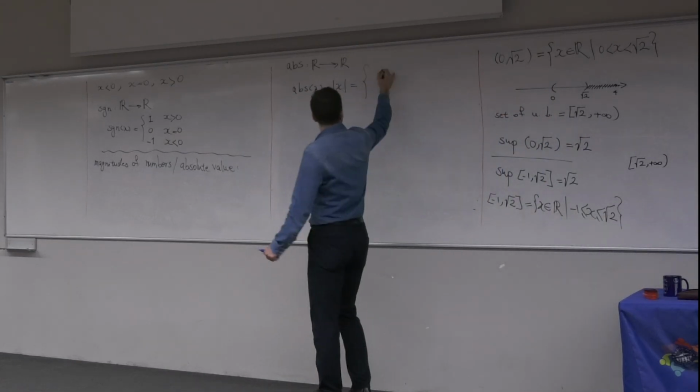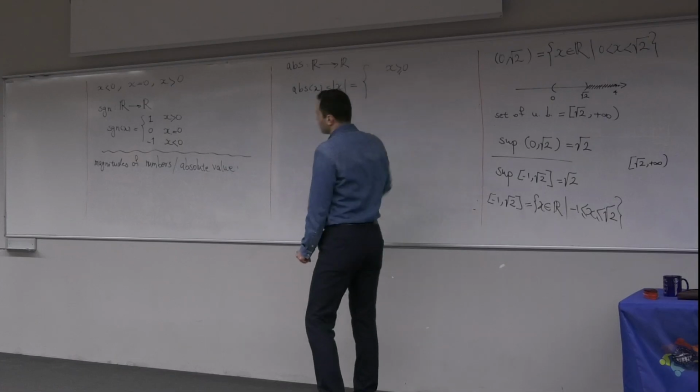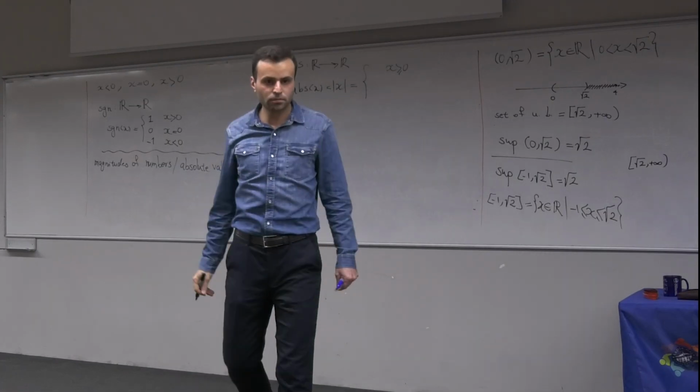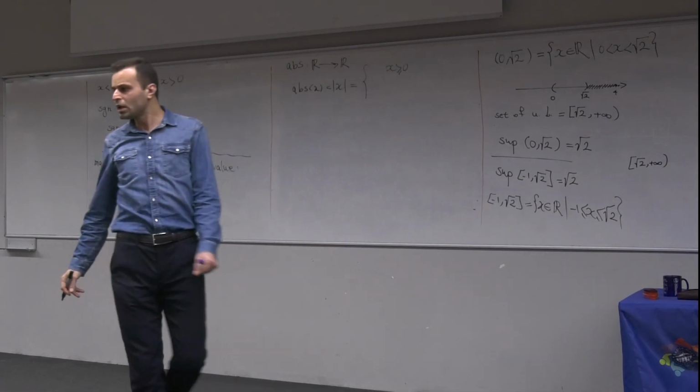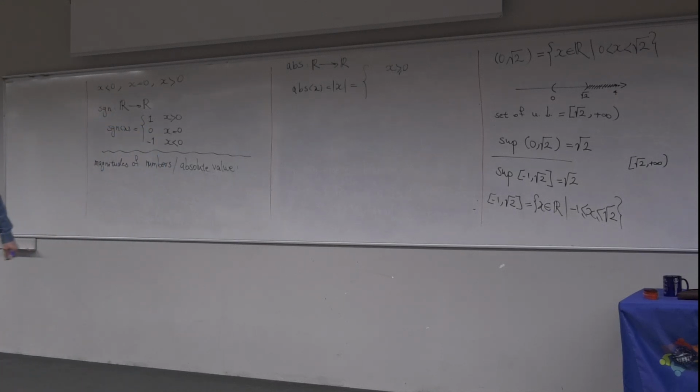When we have an x which is positive or 0, what was its absolute value? Which means that we are trying to say geometrically how we can give meaning to this absolute value function. It is some kind of distance from 0, right?